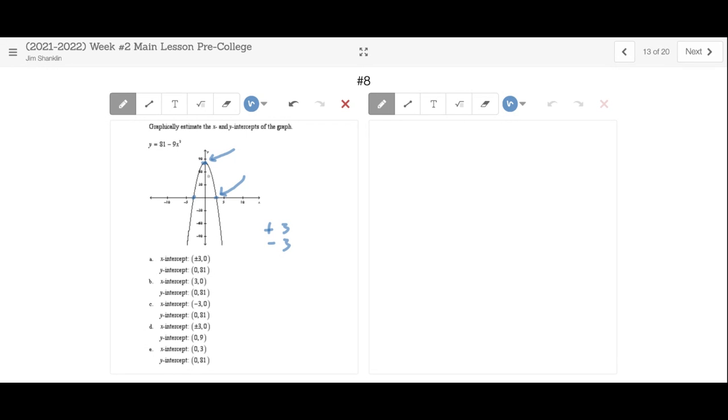Oh boy, that is really small. I'm going to go with 81 since I'm just looking at the answers down here. So I'm going to say that the y-intercept is 81. So the x-intercepts are plus or minus 3, and the y-intercept is (0, 81). I agree with letter A. So x and y intercepts are just where it crosses the x and y axis.